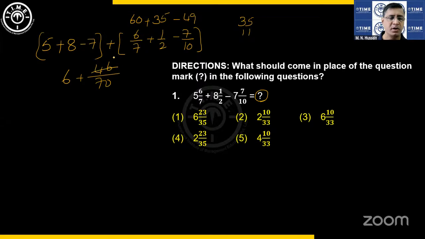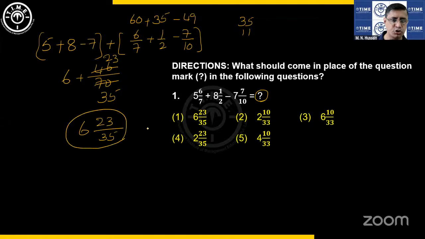Simplify by dividing with 2. Here it goes 23 times, here 35 times. What is the answer? 6 23/35. Yes, my dear students, please mark the choice here. Answer choice 1, the first choice, is the right option.